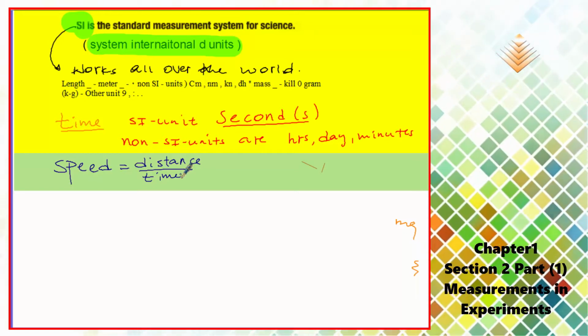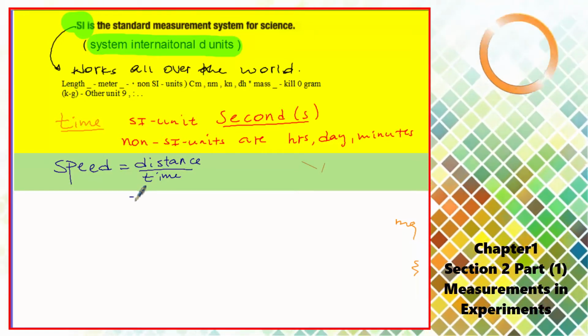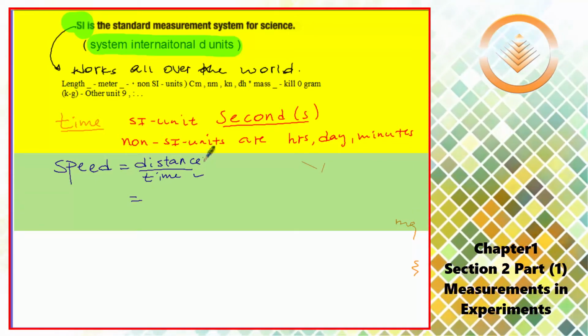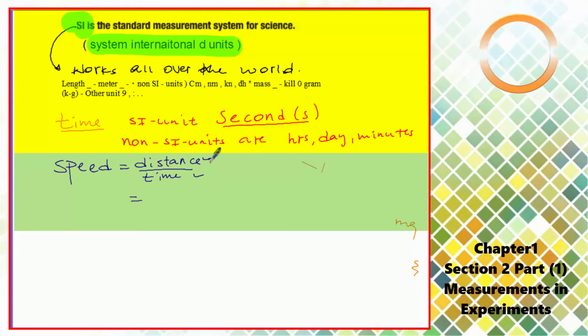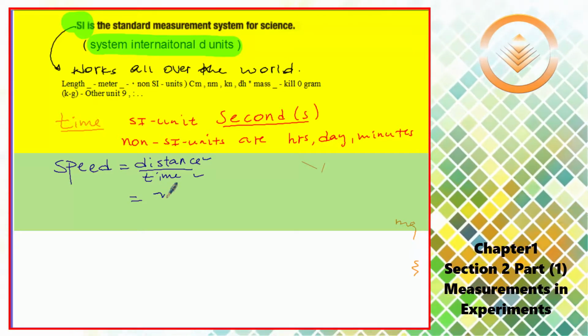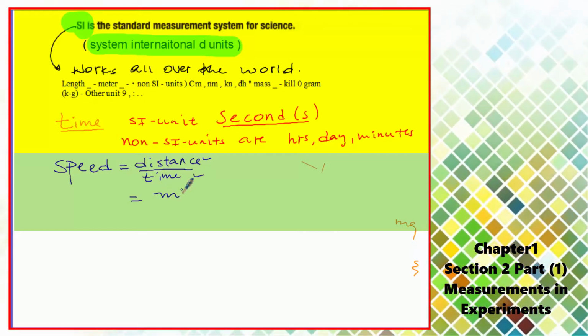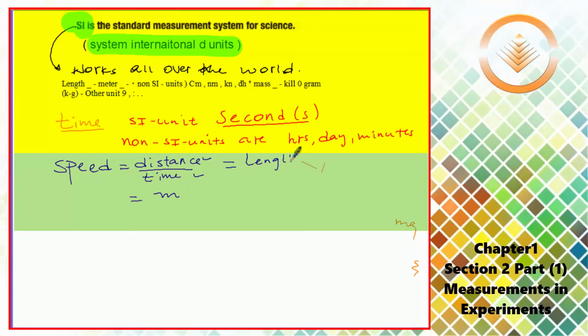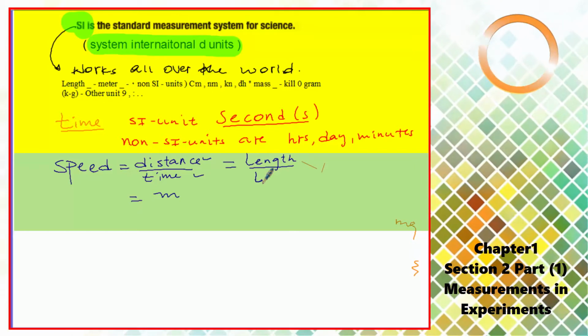So the SI unit of speed is derived from the units of time and the units of distance. The SI unit of distance is meter. As I told you before, distance is length. I can write this as length divided by time.